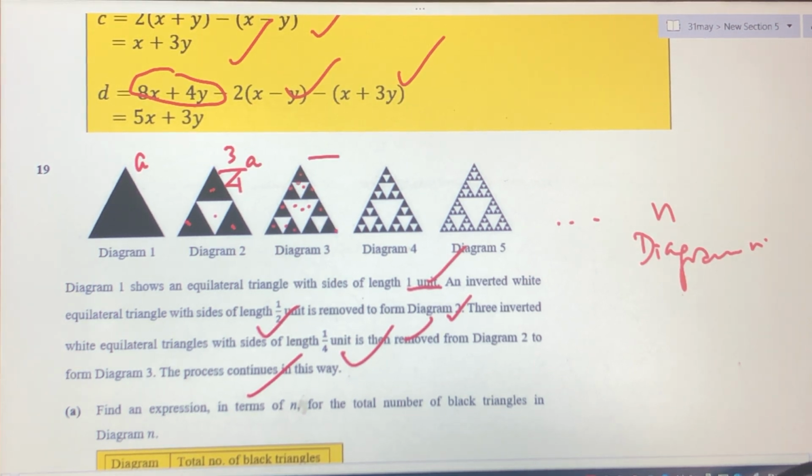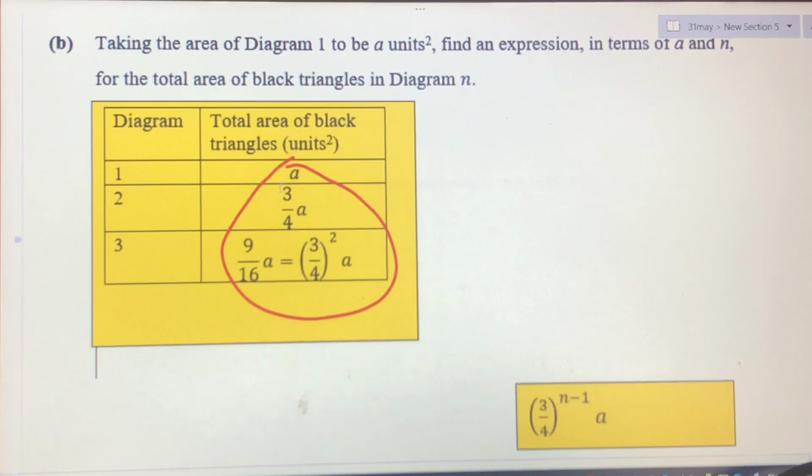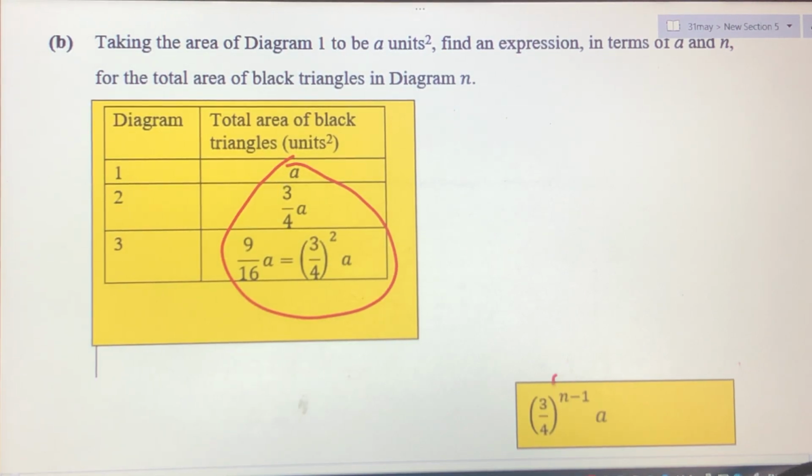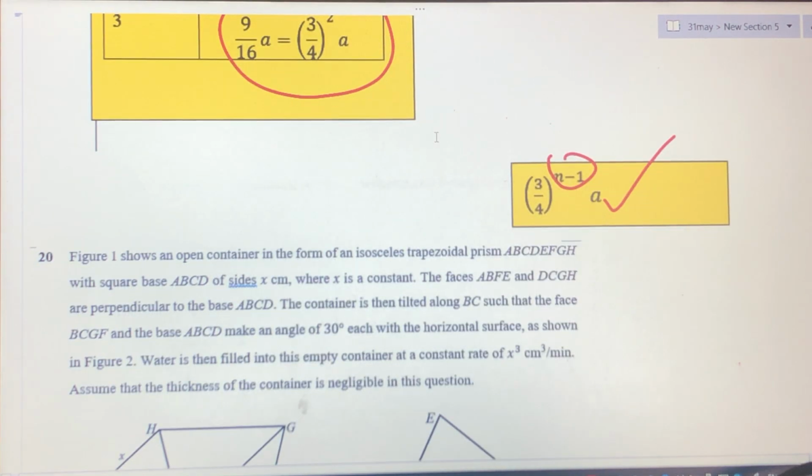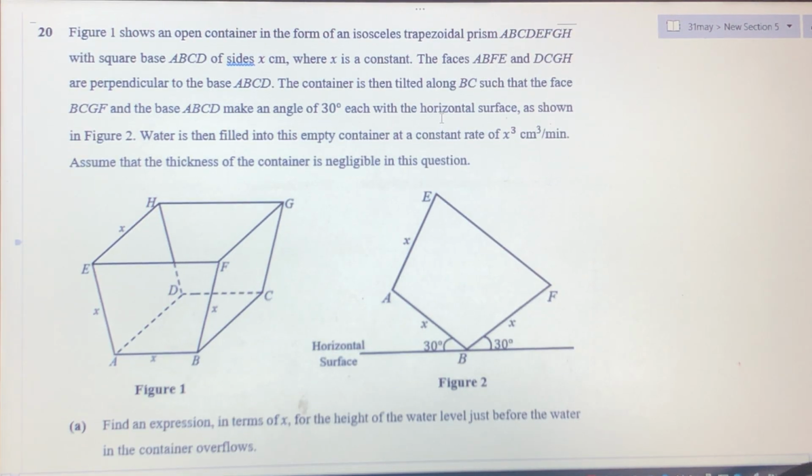So it is actually 3, 6, 9 out of 16. You will find that it's times 3/4, times 3/4, times 3/4. But again, the first one doesn't have 3/4, so it is n minus 1 as the power. So you learn all these skills. Now the next one.